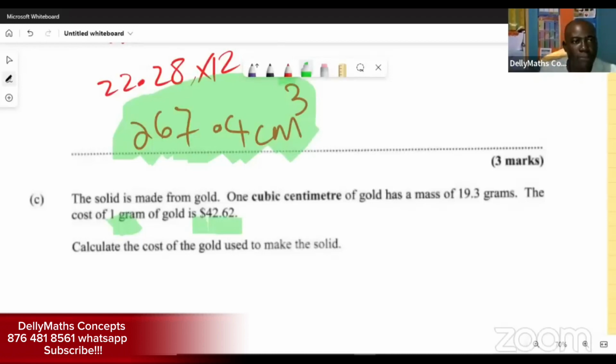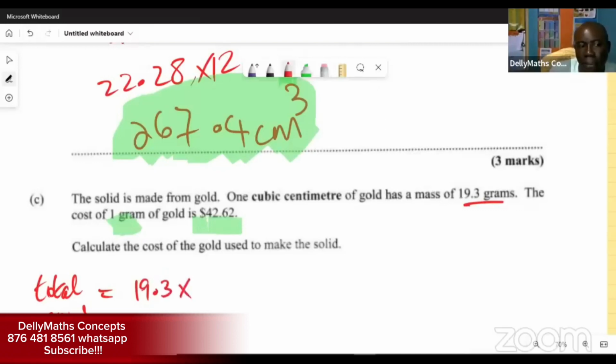No problem. First, I need to know the grams that made it up. So the total grams is going to equal the amount per cubic cm. So it's 19.3 per cubic cm, and then I multiply this by the volume I have, which is 267.4. So I'm going to find the total grams of gold now.